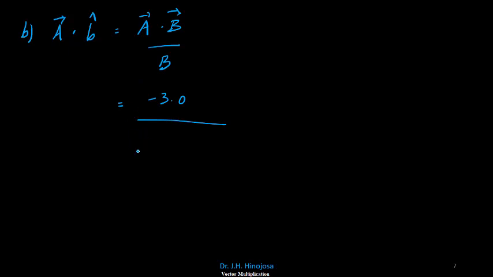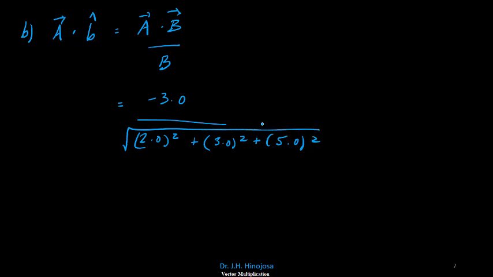and this is 2.0 squared plus 3.0 squared plus 5.0 squared. We take the square root of the whole thing, and what we get here is minus 3.0 divided by the square root of 38.